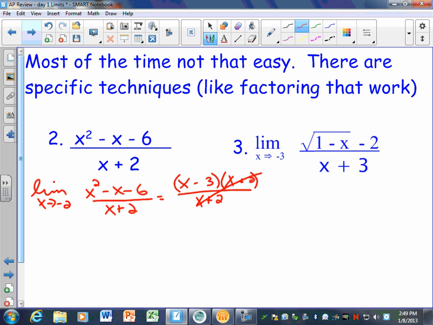Then I could cancel out that x plus 2, and take the limit as x approaches negative 2 of what's left, which is just x minus 3. The idea is that you can use some algebra to get to a point to use direct substitution. Now I can just plug negative 2 in there, and I would get an answer of negative 5. But I can't do that in the original problem.